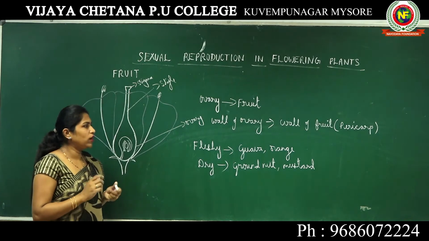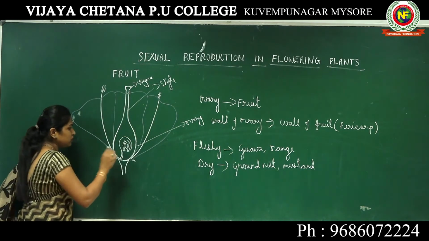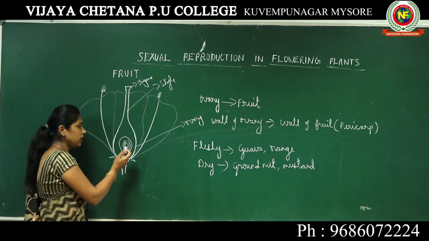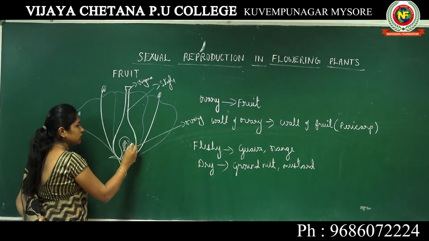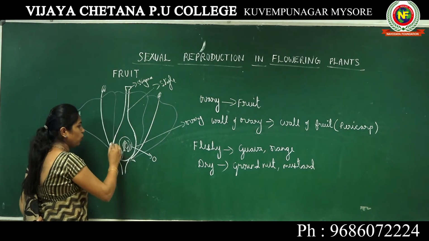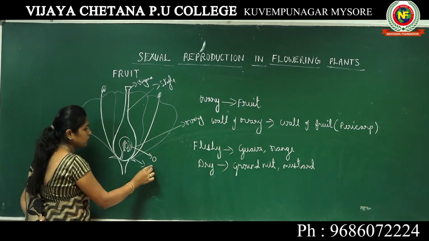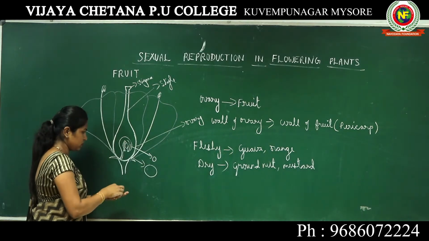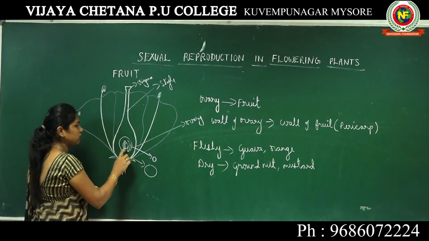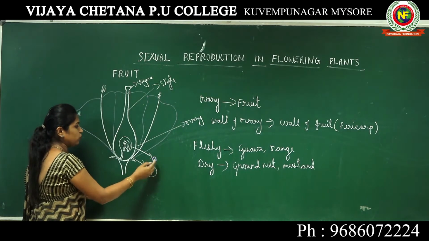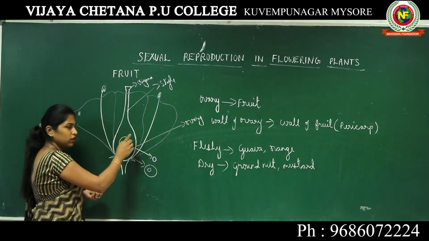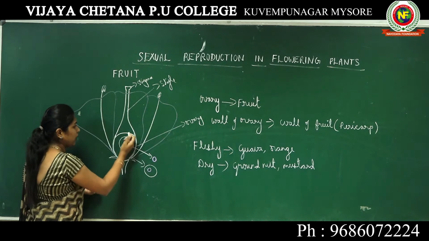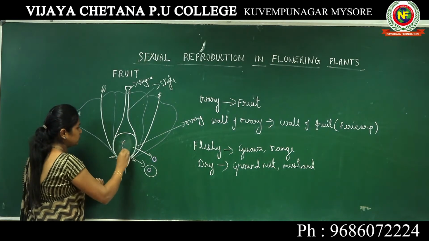Now, here one thing I want to clarify. In the diagram, the whole part is the ovule. It develops into a seed. The whole ovary develops into a fruit. So the seed which is obtained from this ovule will be present inside the fruit, because the whole ovary develops into a fruit and the ovule develops into a seed.